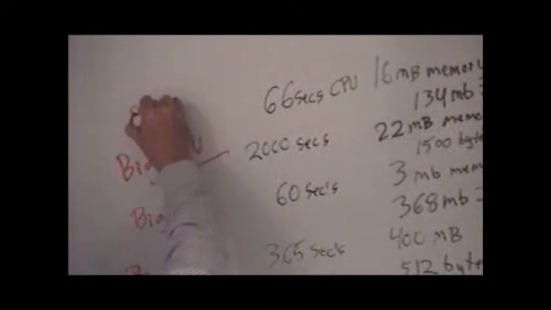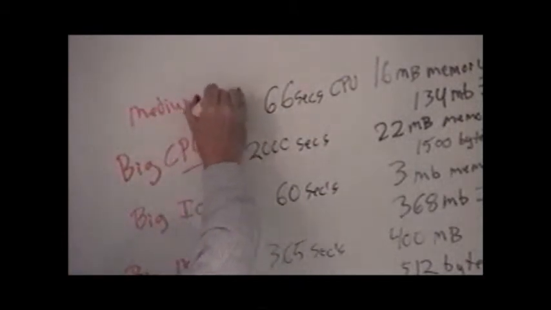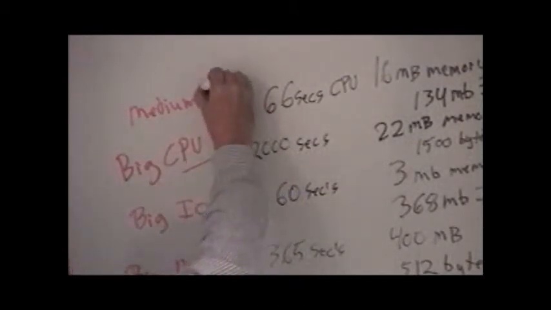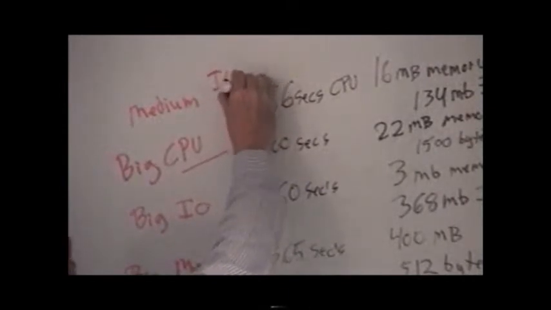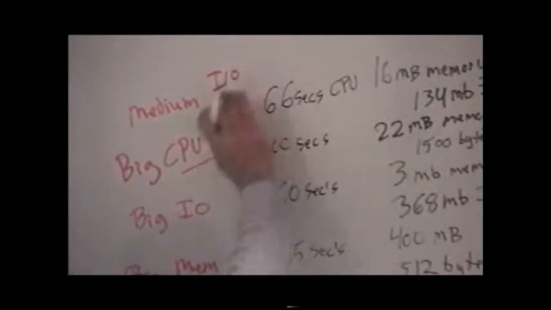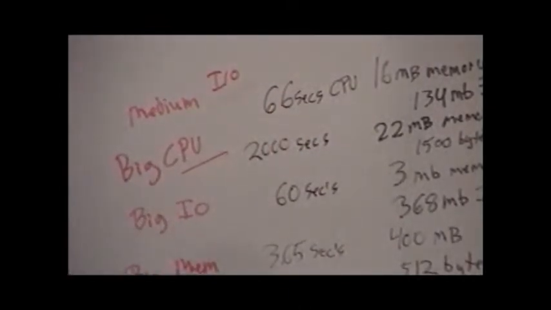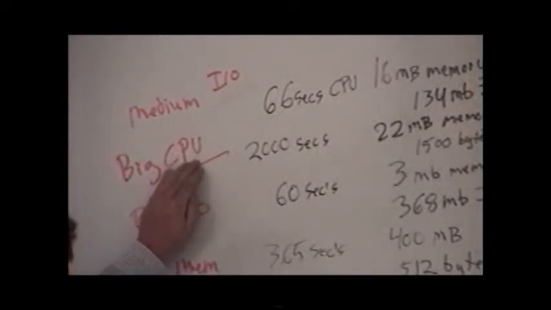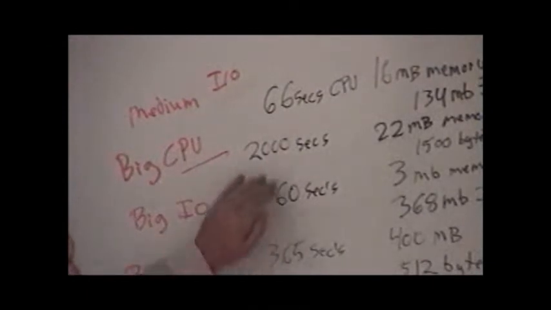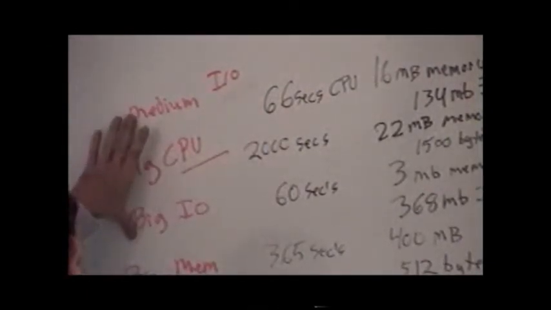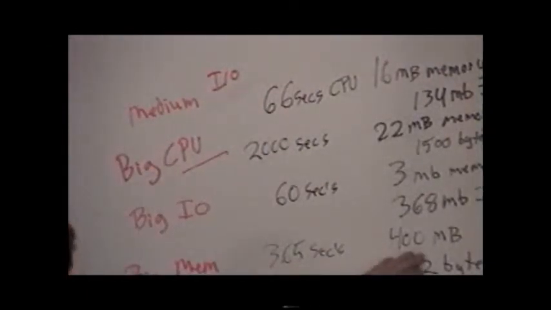And this one I'm just going to call medium. It's medium everything. Medium I/O, CPU, really medium I/O. So I'm creating classes and simply saying my code 2s are starved for CPU time. My code 3s and 1s are starved for I/O. My code 4 is starved for memory.